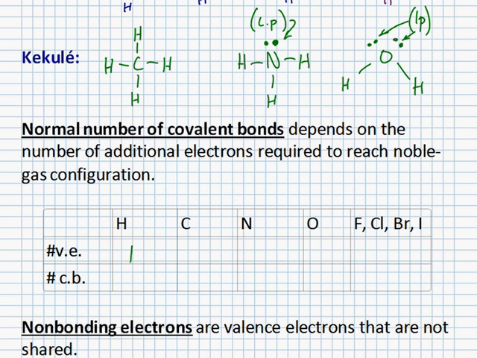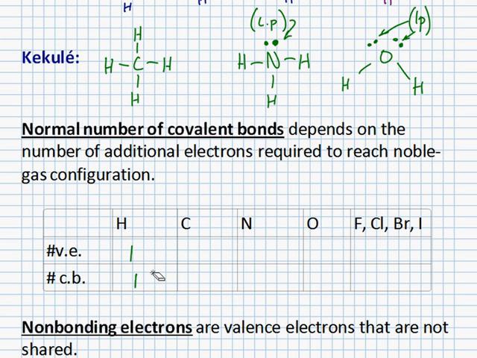It's just in 1s1. Helium, the next noble gas along the line there, has 2 valence electrons. So that's why hydrogen just forms 1 covalent bond. If we look up in all these structures, hydrogen brought 1 of its bonds in, while the other atom it's bonded to brought the other electron in to make that bond. Okay? So hydrogen will always make just 1 bond.